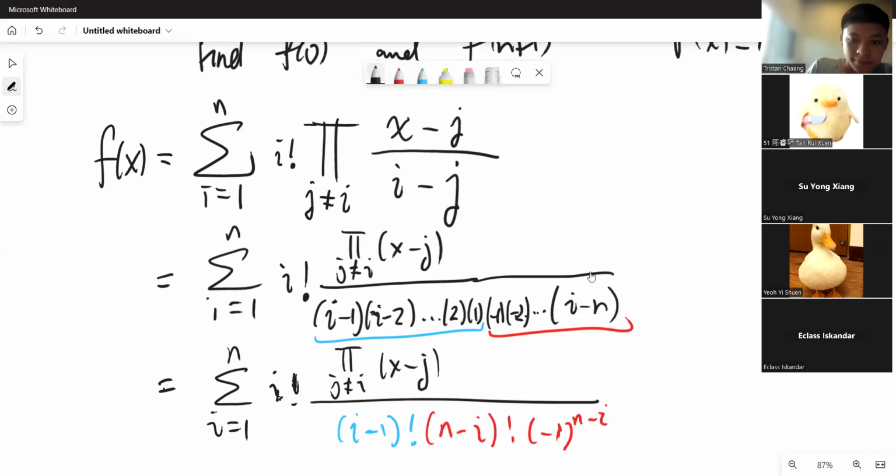So we write it in terms of factorials, and we can check i equals 1 and n if you're not convinced those cases work. And it actually works for i equals 1 and n.